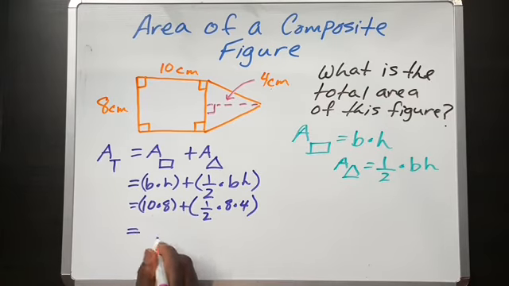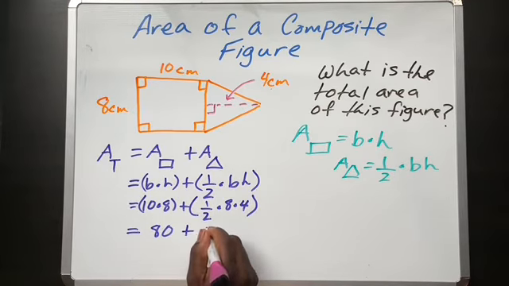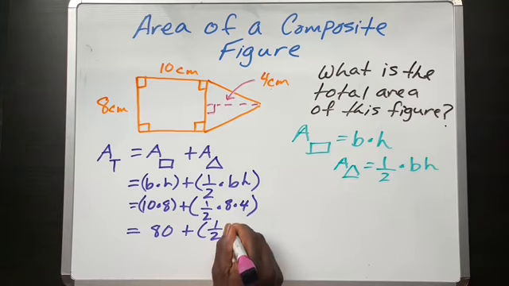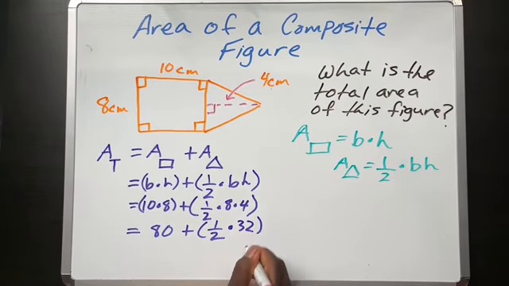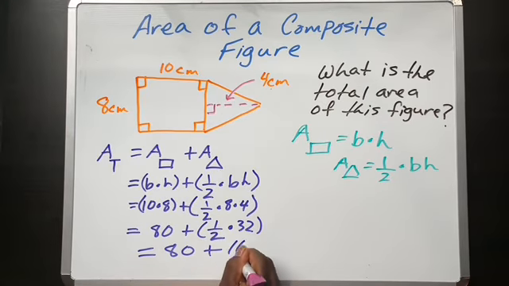Very good. Math is nice, neat, and organized. 10 times 8 is 80. Plus, we want 1/2 of 8 times 4, which is 32. So 1/2 of 32 equals, bring down the 80 plus, and 1/2 of 32 is what? 16, right?